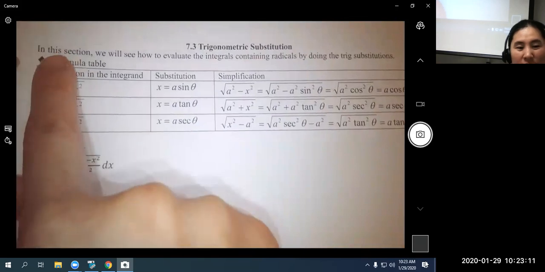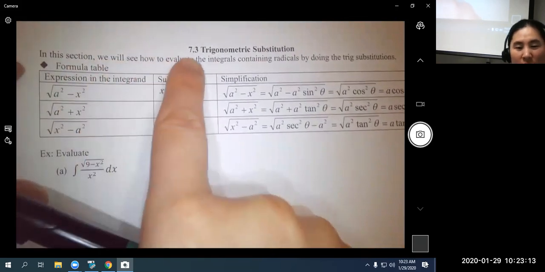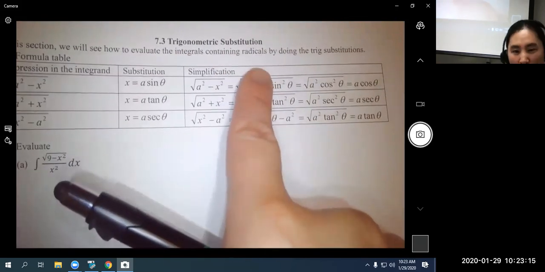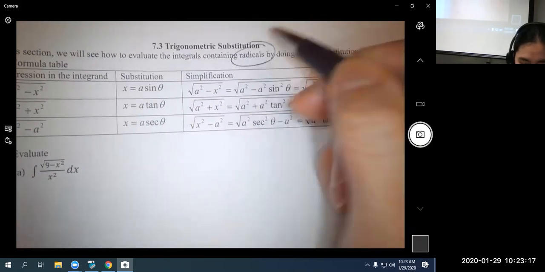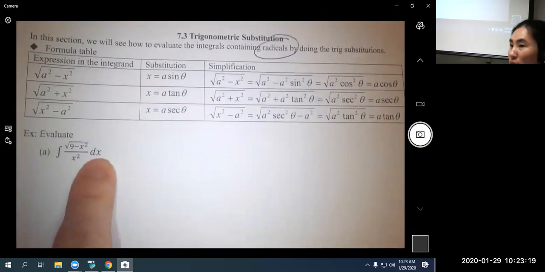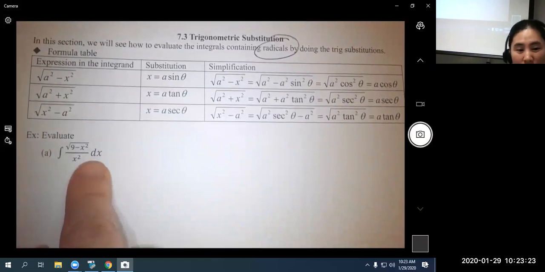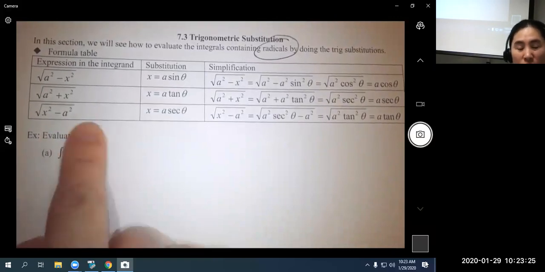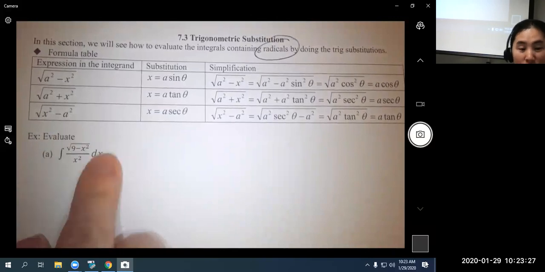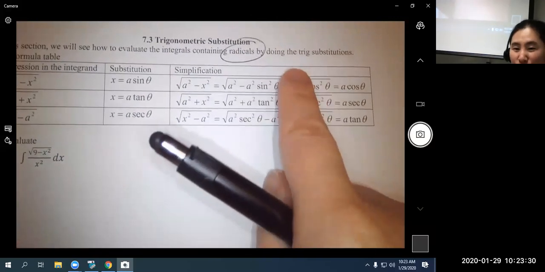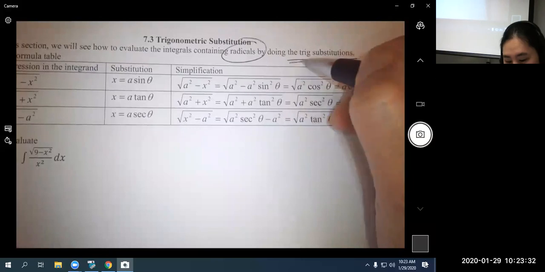In this section, we will see how to evaluate integrals containing radicals. So the integrals have no trig showing up directly. However, to solve this type of integral involving radicals, we have to use trig substitution.